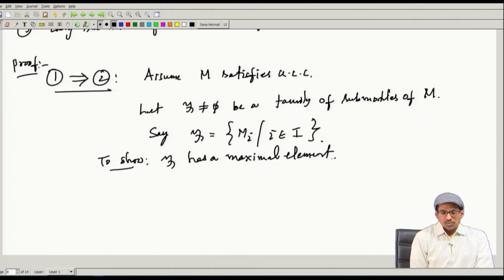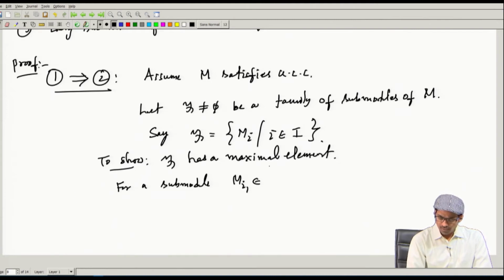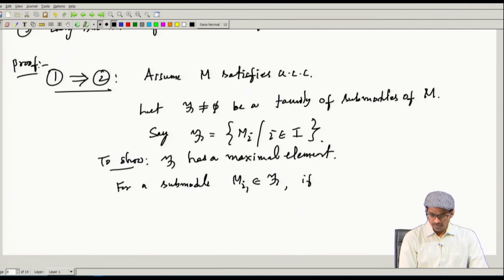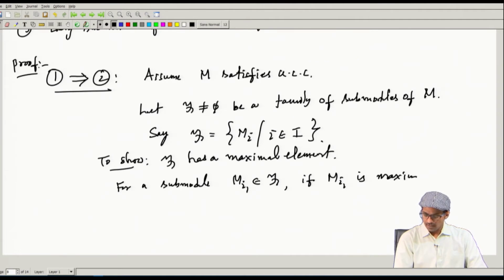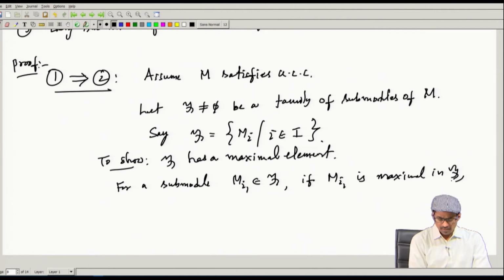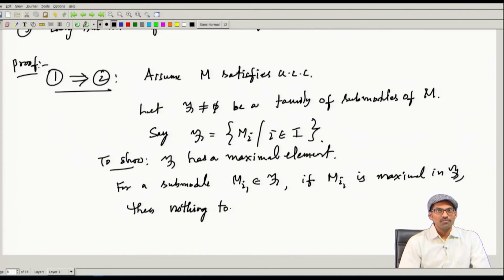Let us start with a submodule, say M_i1 belonging to F. If M_i1 is maximal in F, then there is nothing to prove, because M_i1 is our required maximal element and we are done.